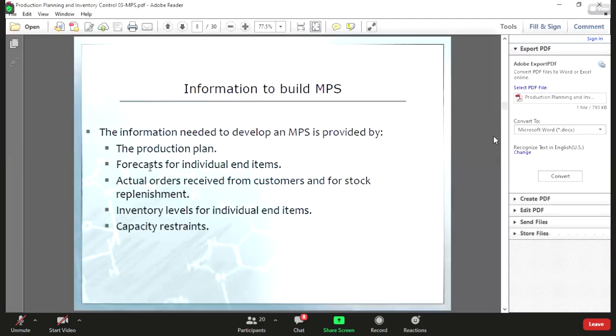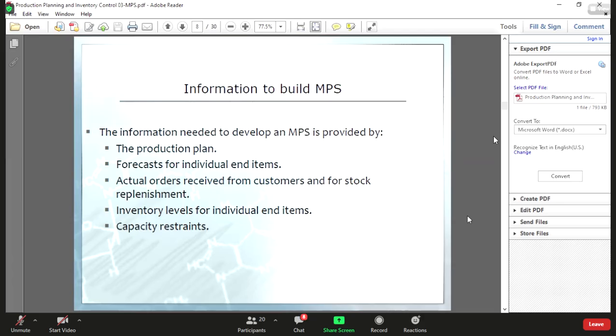Now you understand forecast for individual items, and also the actual orders. Please remember again: in forecasting, we need to consider not only the forecasting result. The forecasting result is for the annual order, for the normal demand. But sometimes we receive orders from our special customer.